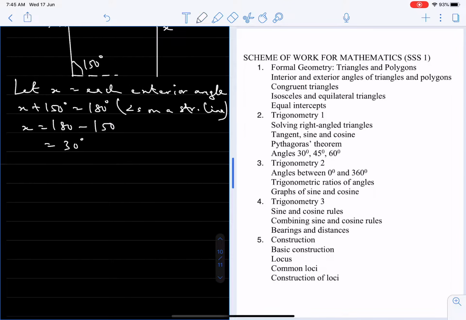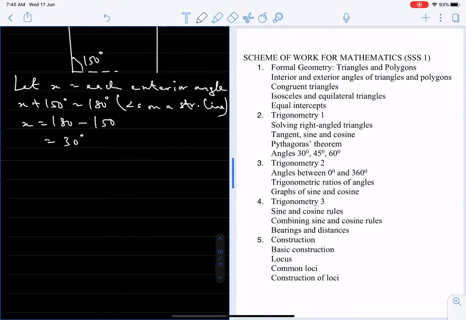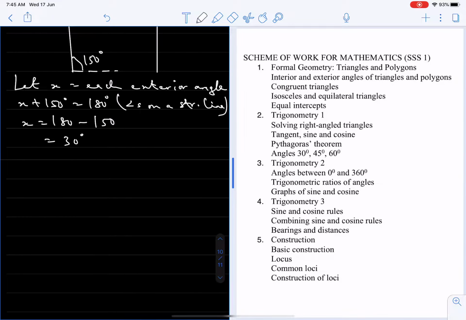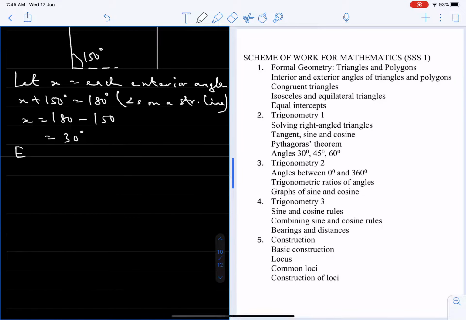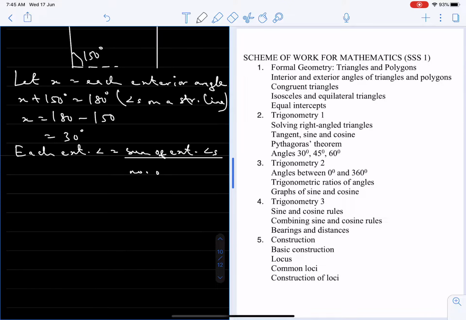So we can say, therefore, and you know the size of each exterior angle, the formula for finding the size of each exterior angle of a regular polygon is given by sum of exterior angles divided by number of sides.